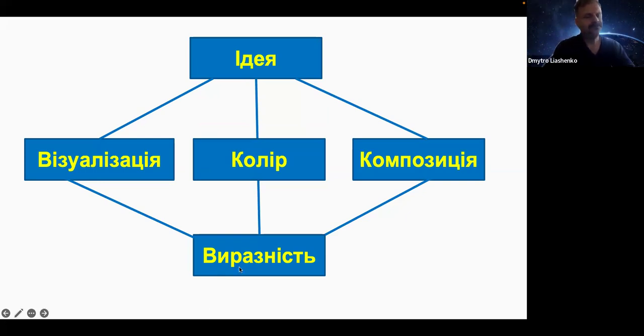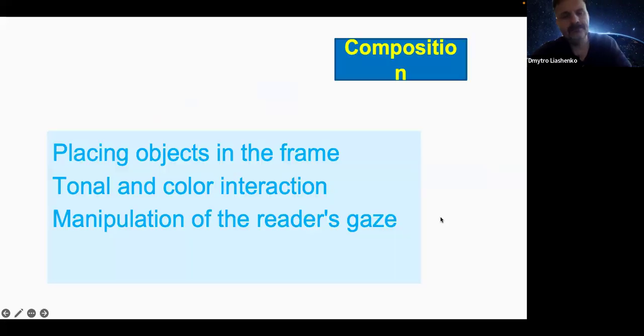Let me see the translation. Expression. We must express our idea in the best way.